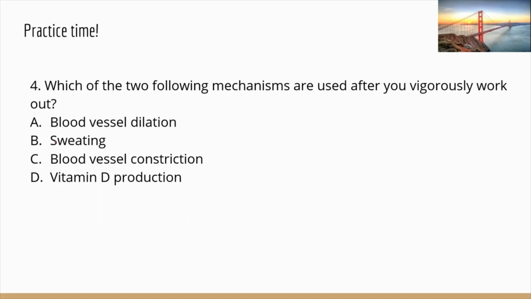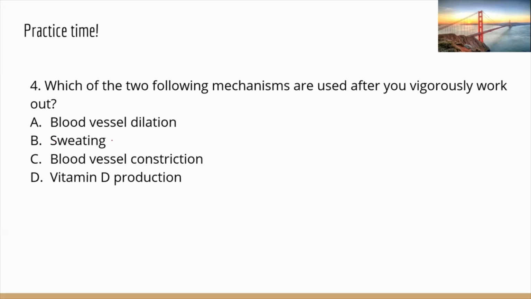Question 4 is similar. Questions 2 and 3 ask about thermoregulation. Okay, so there are 2 correct answers. When you vigorously work out, your body is going to get too hot, right?